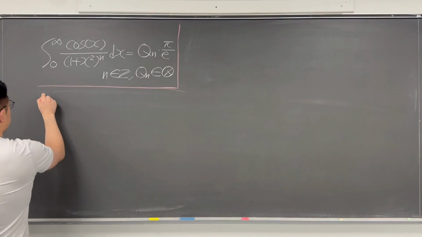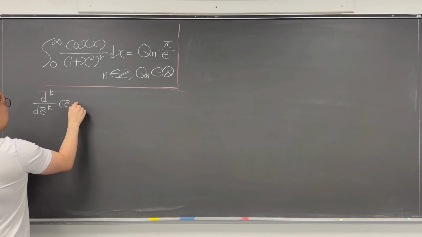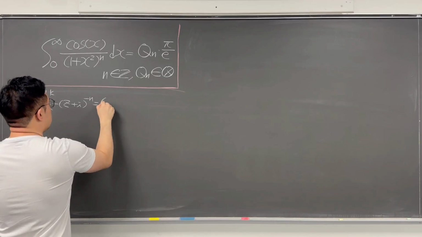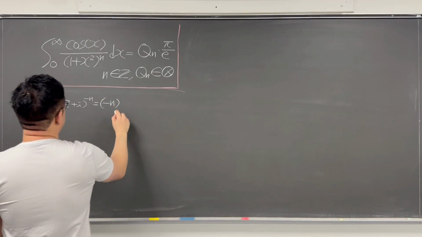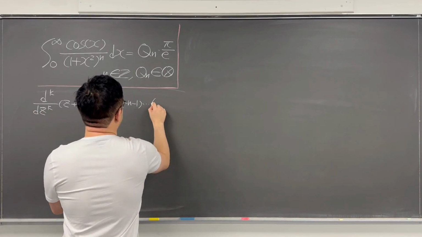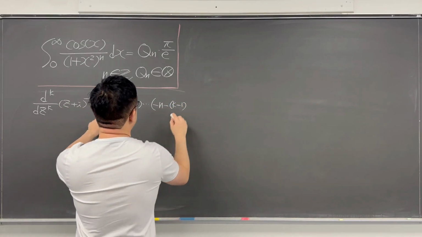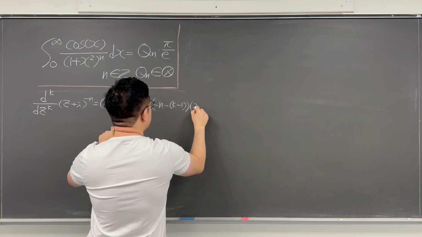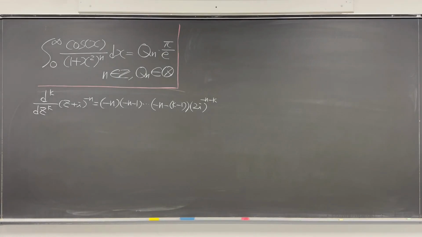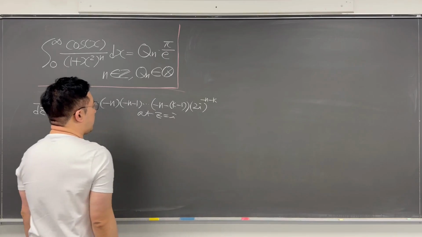This is going to be the same as negative n times negative n minus 1, all the way up to negative n minus k plus 1, times (2i) to the power of negative n minus k, of course at z equal to i.